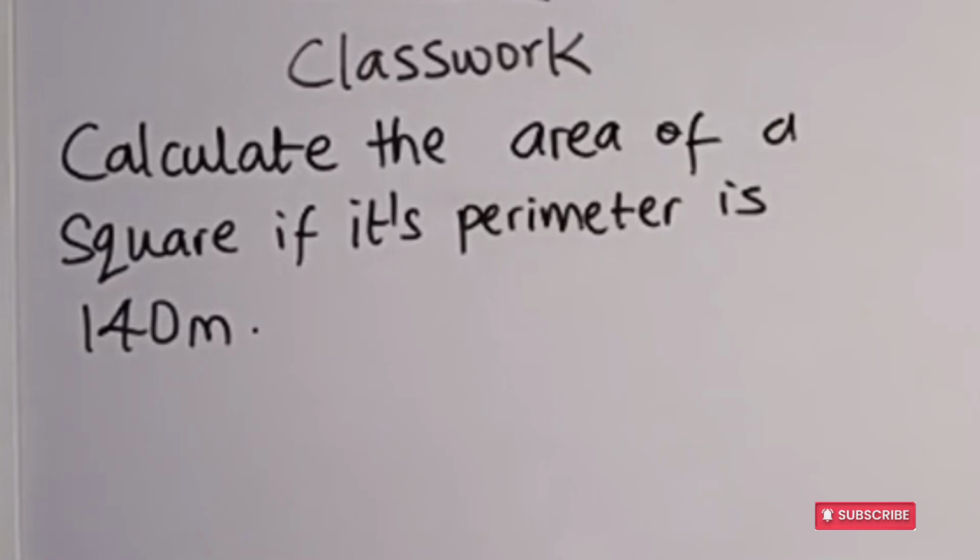We're expected to calculate the area of a square if its perimeter is 140 meters.